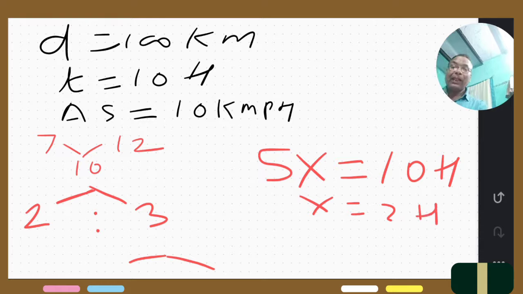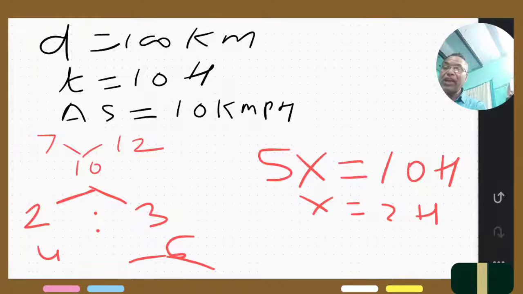So here 2 2s are 4 units and 2 3s are 6 units. Means here the total time units are 4 and here the time units are total 6.